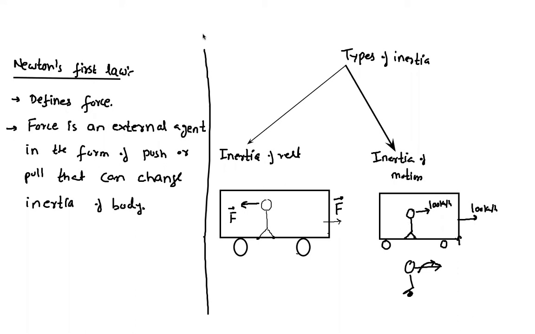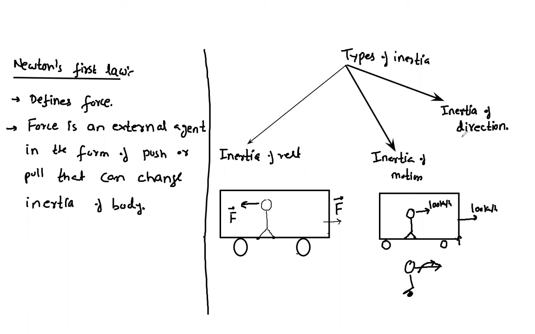Then you have one more example, that is inertia of direction. This simply says that a body cannot change its direction by itself.